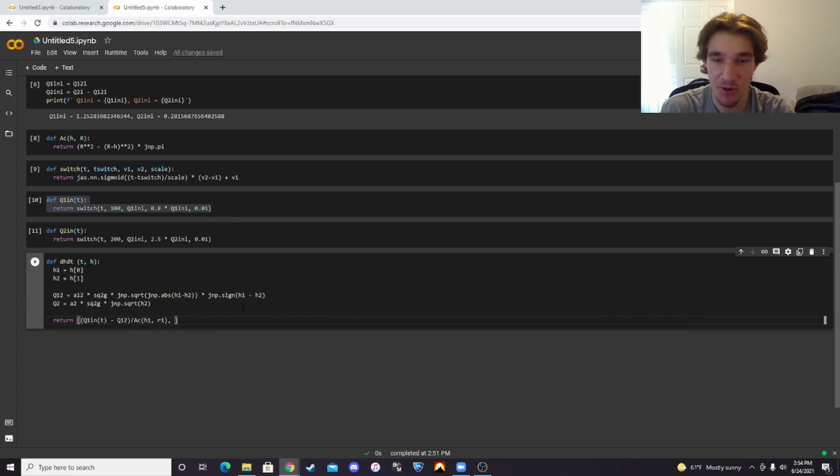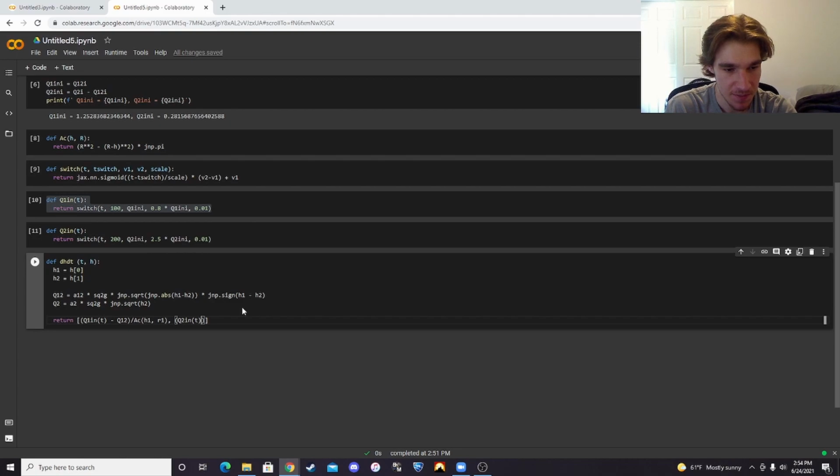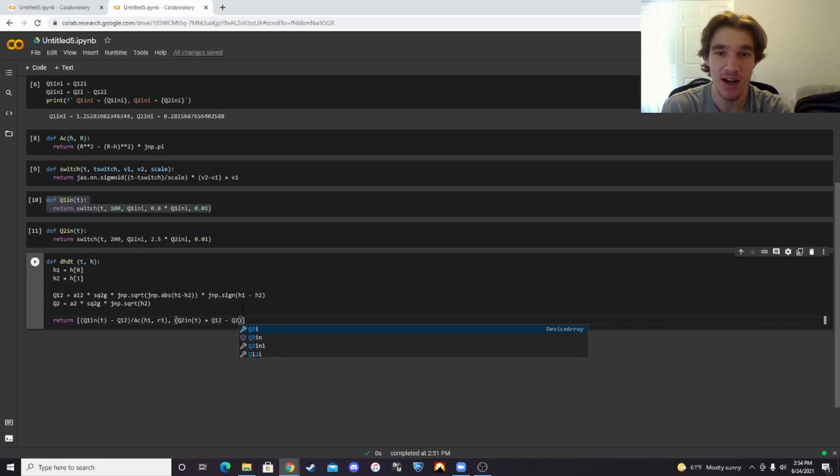And once we have that, now we want to do it for the second tank. So the in is going to be q2 in function of t plus q12 minus q2. Both ins minus the out will give us our change in height.